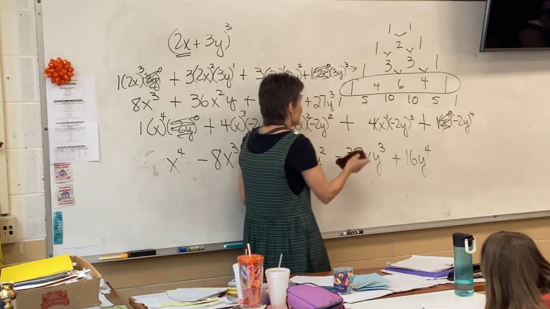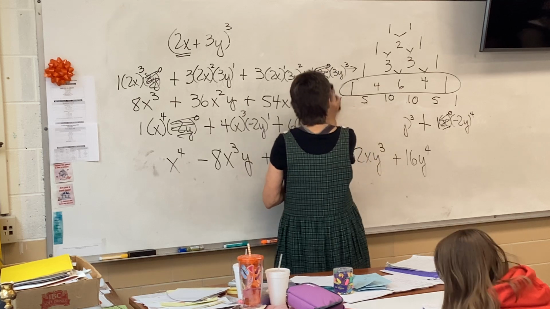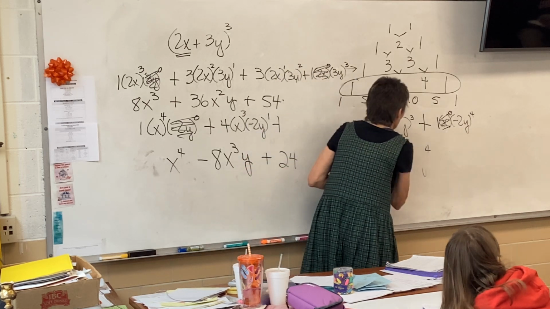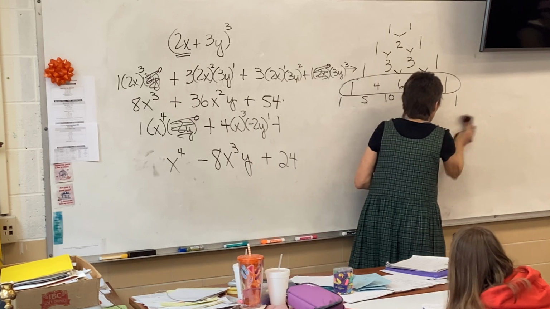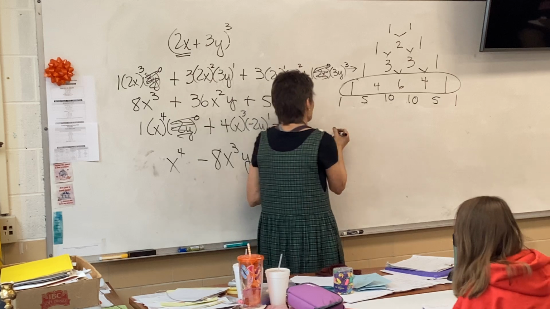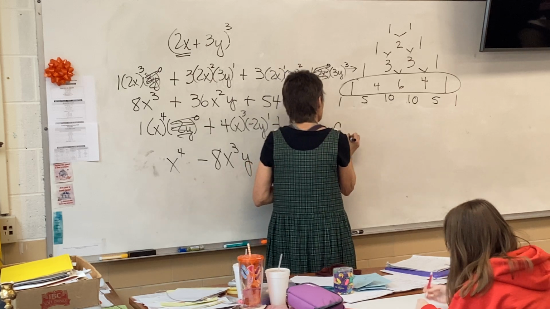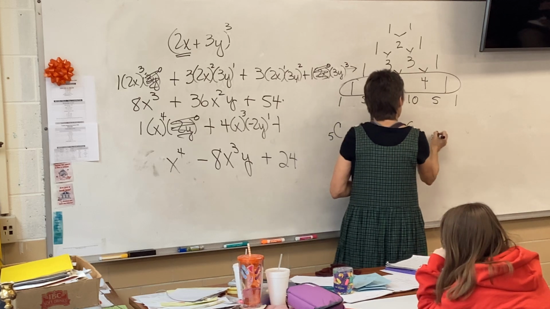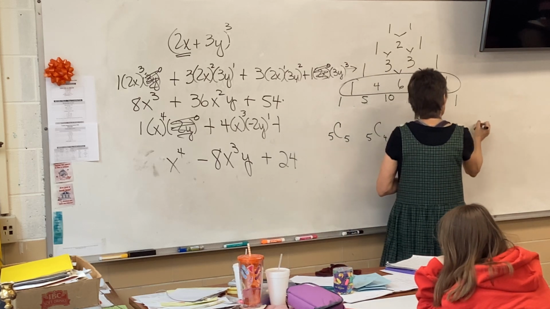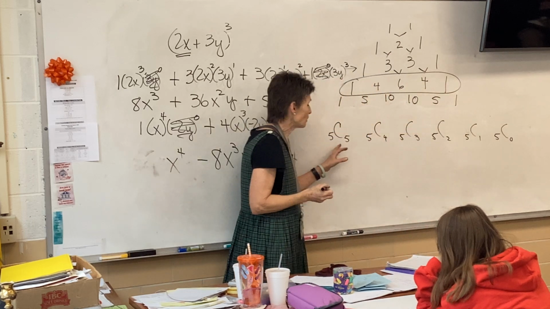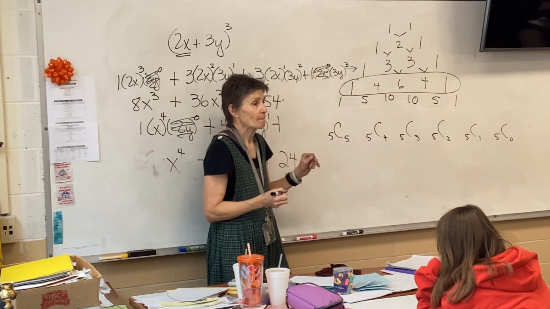So, here's what I would like for you to do. Very quickly on your calculator, I want you to type in 5C5, 5C4. Don't add them, just figure out what each one is individually and tell me what the numbers are. Type them in.